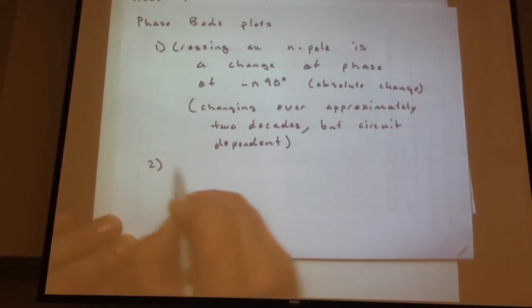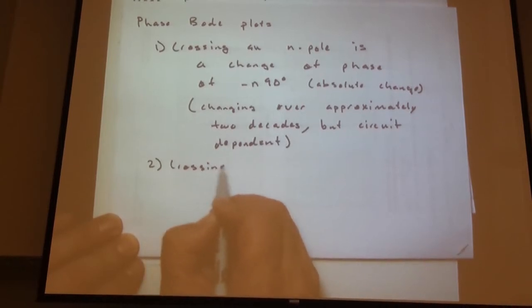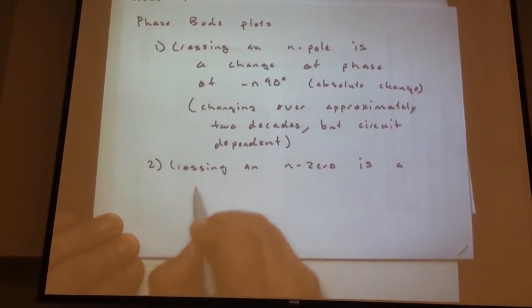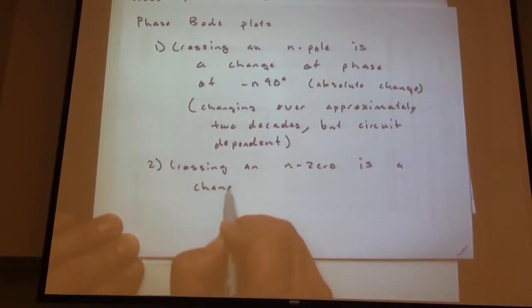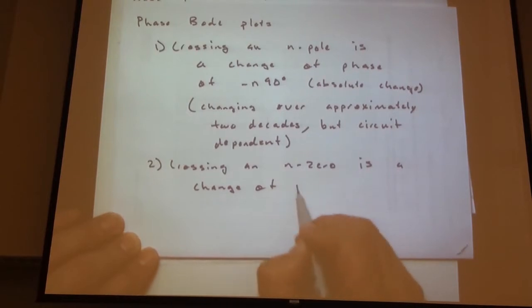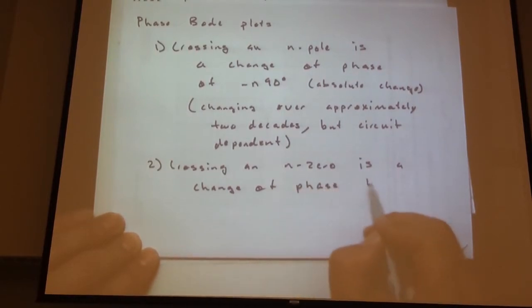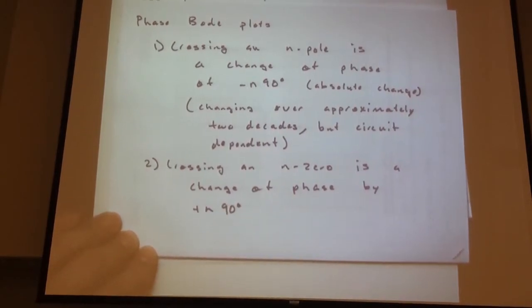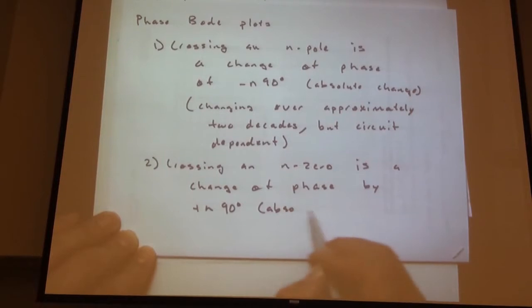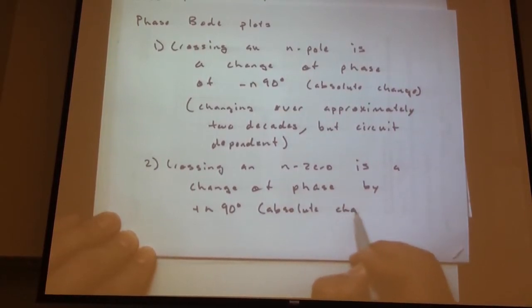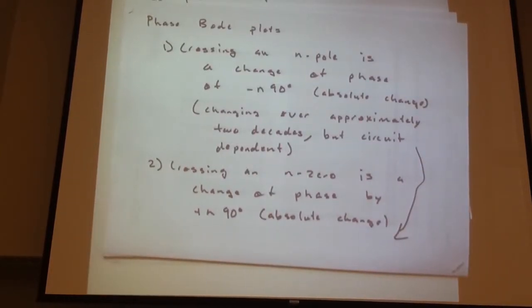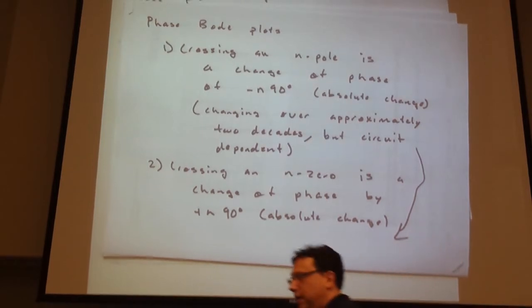And similarly, crossing a zero is a change of phase by plus 90 degrees. And again, that's an absolute change, not a slope change, with the same caveat that it's circuit dependent, changing over approximately 2 decades, but it is circuit dependent.